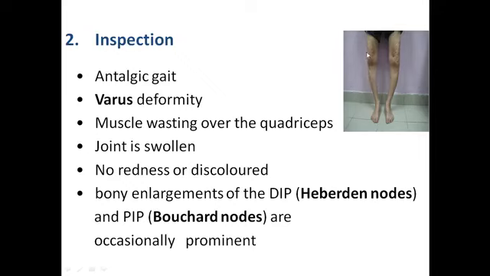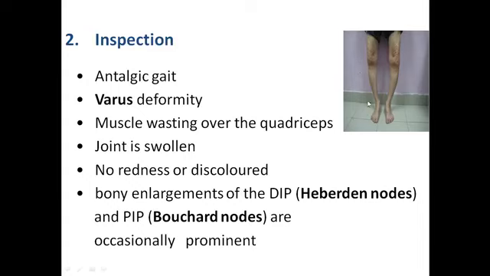Muscle wasting of the quadriceps area is also found, due to prolonged rest of the joint. Joint swelling is shown, but there is no redness or discoloration, because in inflammation there is redness. In osteoarthritis, inflammation is rare in primary cases.